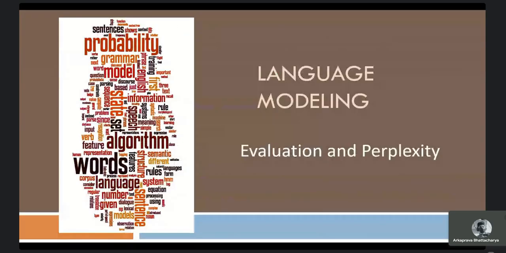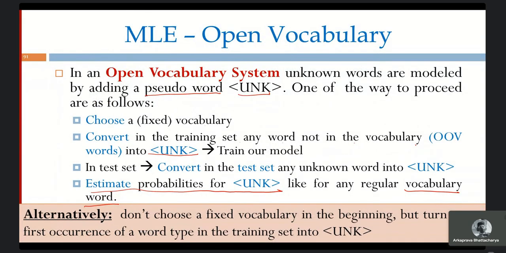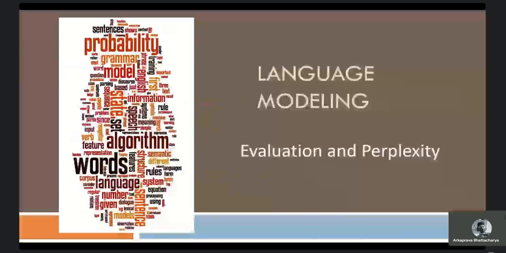Alternatively, there are many other techniques, since placing UNK would be a tedious task. There are many other evaluation methods and smoothing techniques we can go with. There are a lot of slides, so I think I'll stop here.